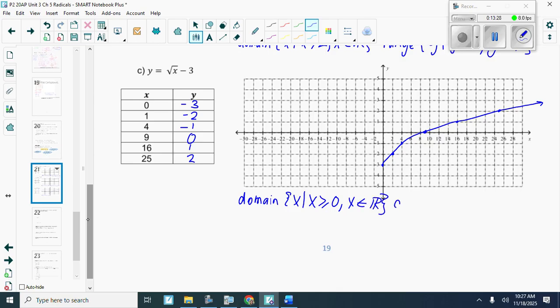And now our range. Our range shifts because we now have that vertical translation 3 units down, so our range can be a little bit lower. y has to be greater than or equal to -3.